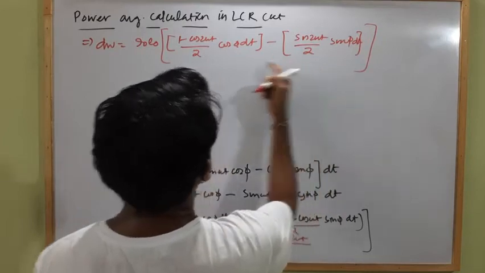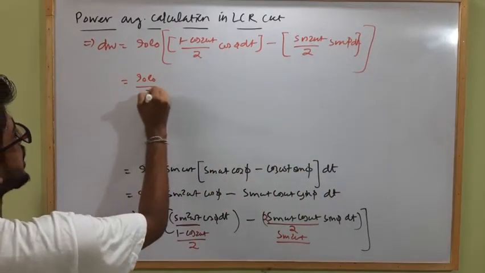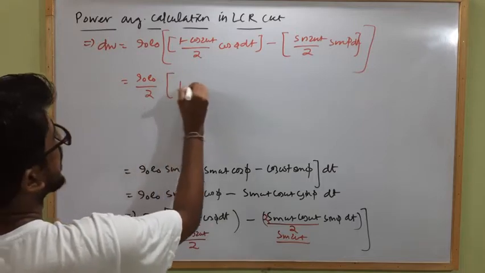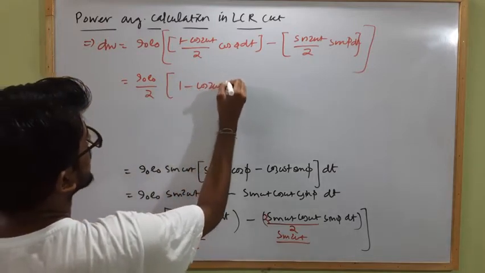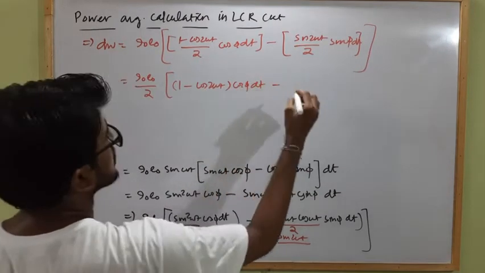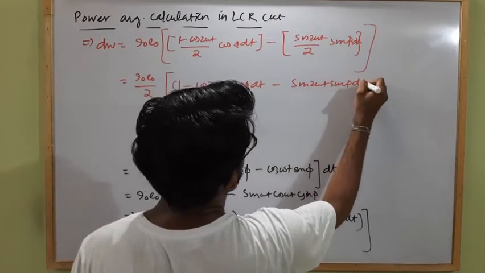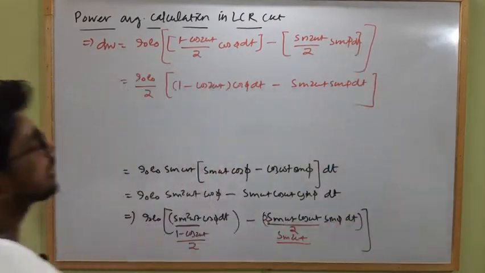So now taking 2 out of the bracket, it will be how much? I naught E naught by 2 into 1 minus cos 2 omega t cos phi dt minus sin 2 omega t sin phi dt. Clear?